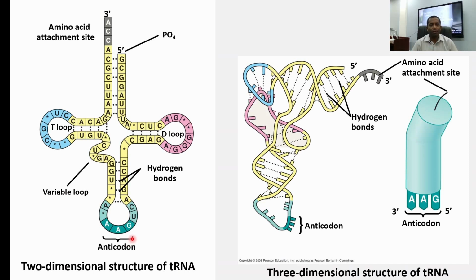So the anticodon, as I mentioned earlier, contains the nucleotide bases complementary to the mRNA molecule. So the anticodon determines what type of amino acid is attached to this tRNA molecule. Okay. So here we have a three-dimensional structure. It's not a plain structure, it's a twisted three-dimensional structure.